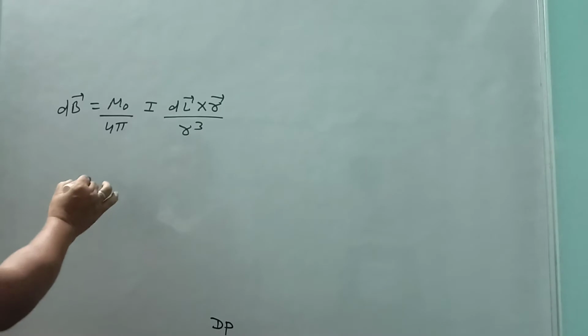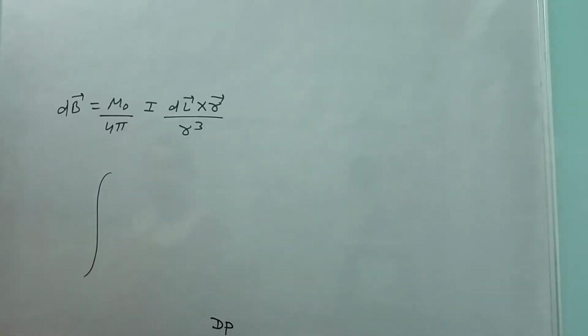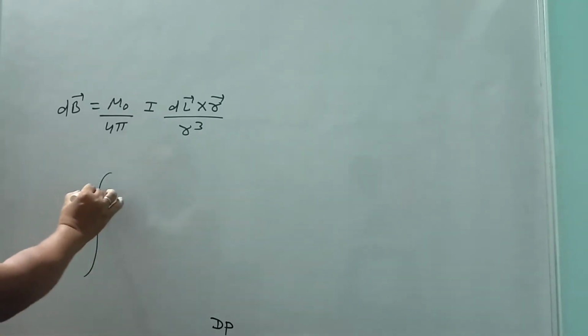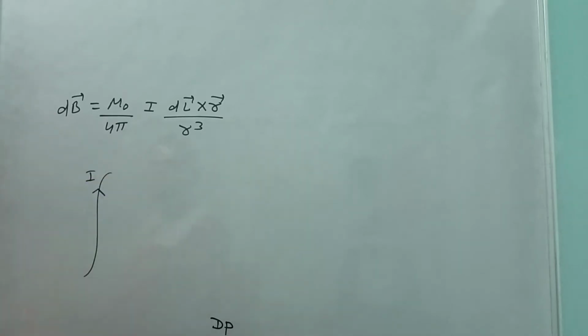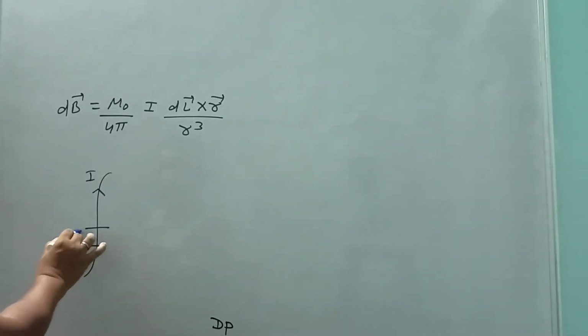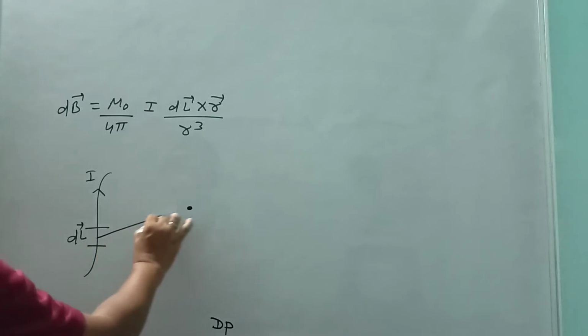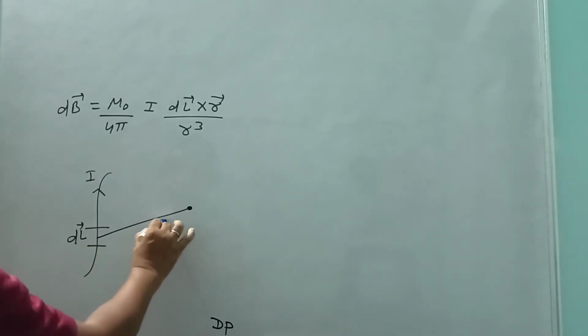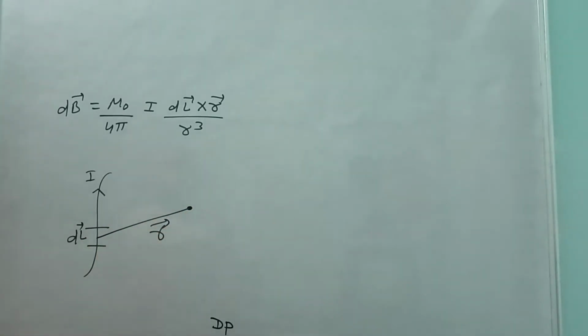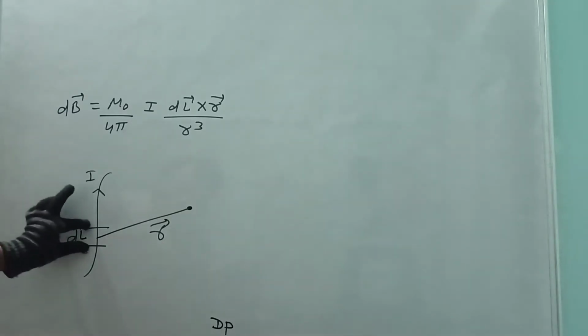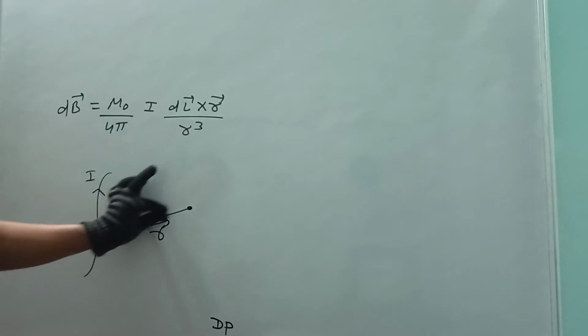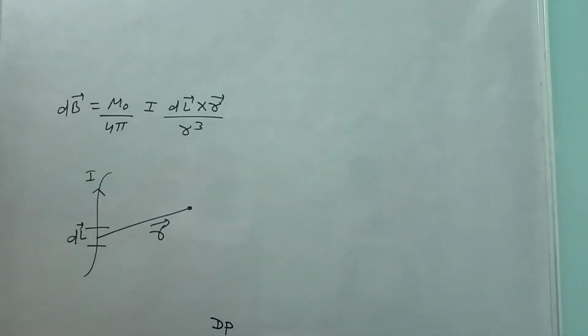Suppose this is any element, it carries current I, and for this small element dl you find magnetic field here and you join, this is your r vector. This is the very small element, and from this element this distance is r vector.